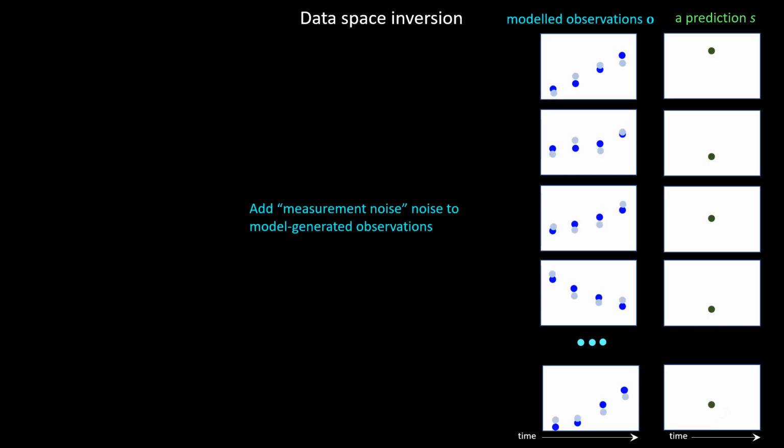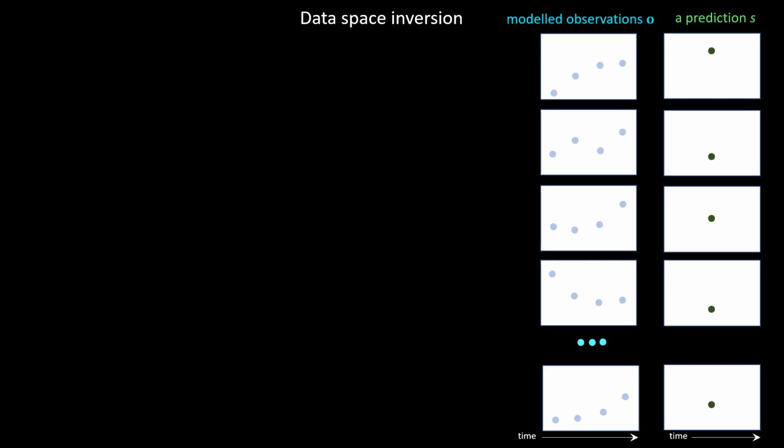I add noise to these model calculated observations in recognition of the fact that field measurements are accompanied by measurement noise. So the relationship that I build acknowledges the fact that noise accompanies field measurements.